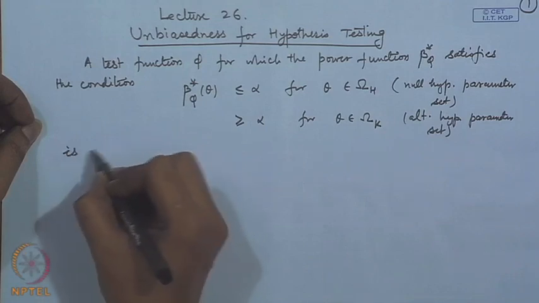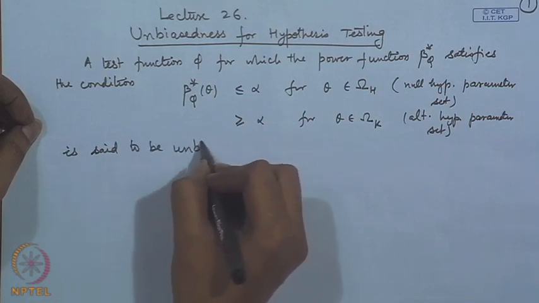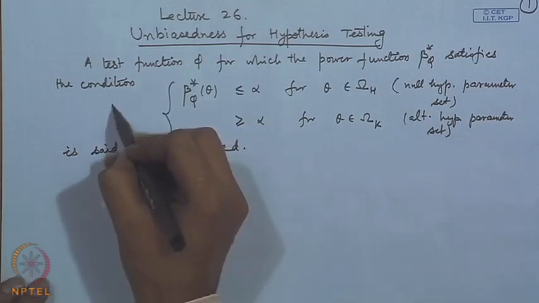Then this test function is said to be unbiased. Let me call this condition 1.